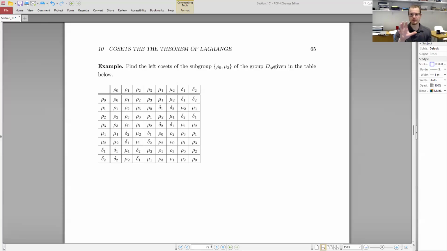For this example, we are considering D4, the isometries of the square. So we have 4 rotations: no rotation, 90, 180, 270-degree rotations, and then various reflections.